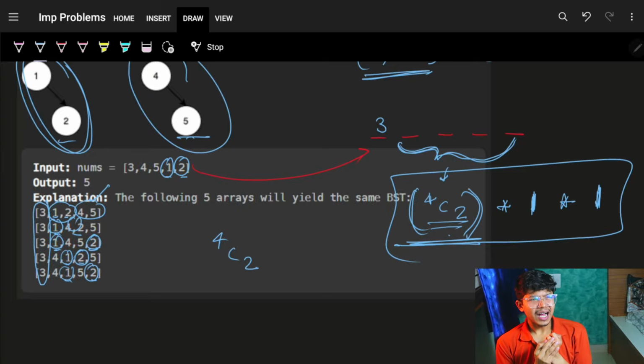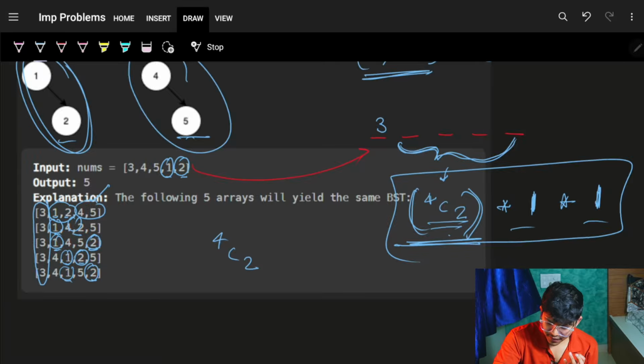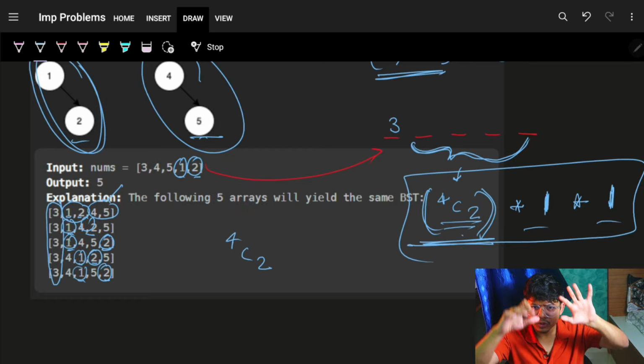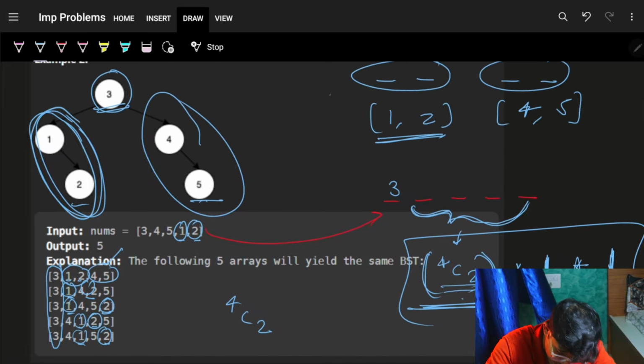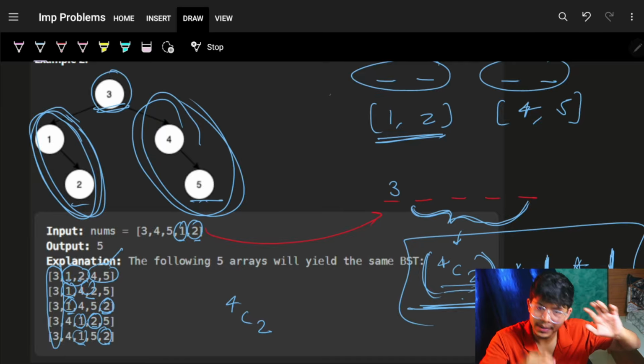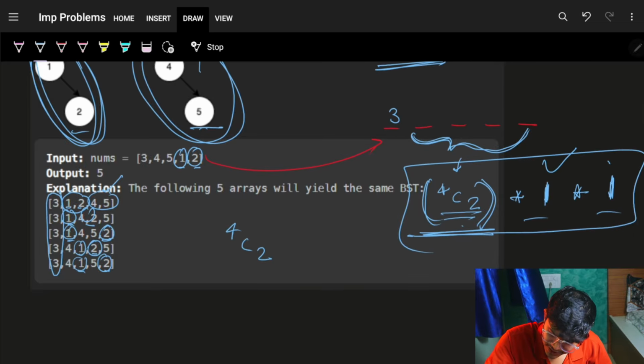Now, Aryan, why did you place a 1 and 1 here? You said I can choose anything. I can choose for left, it can come entirely as itself in this order. For right, it will come entirely as itself in this order. So it will always be 1 and 1.